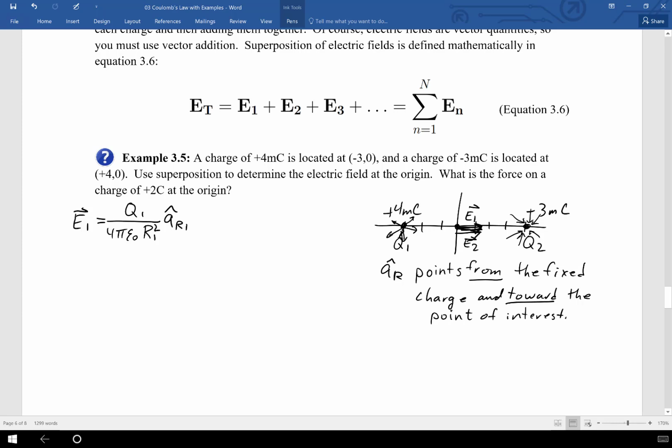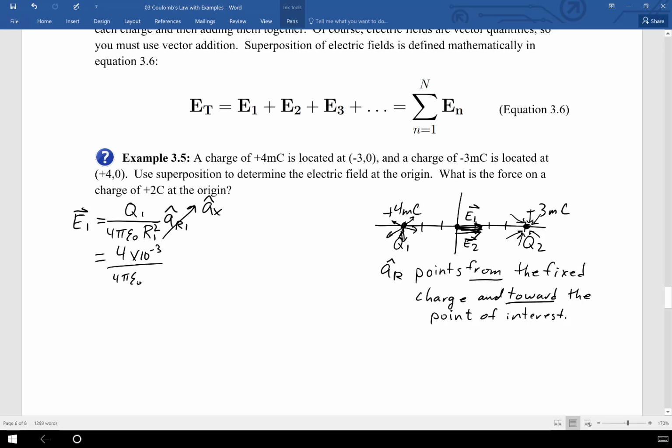So we can still do a sub R the hard way, or in this case we can do it the easy way. If we say a sub R1 is pointing from the fixed charge, which is Q1 here to the left, and it's pointing toward the origin, well then I know that a sub R1 is just going to be positive a sub x. And I know that Q is going to be 4 times 10 to the minus third over 4 pi epsilon 0.